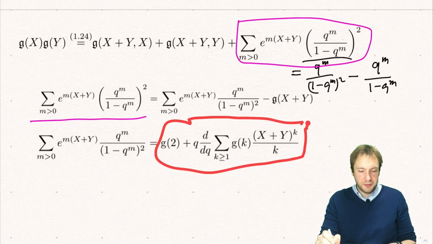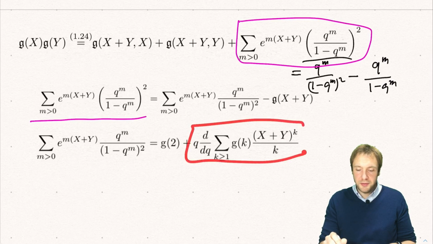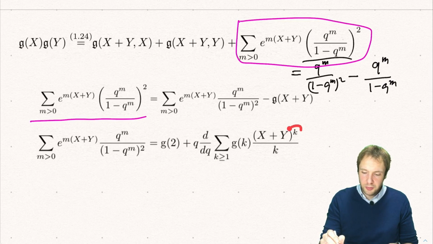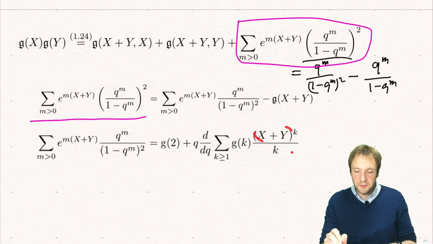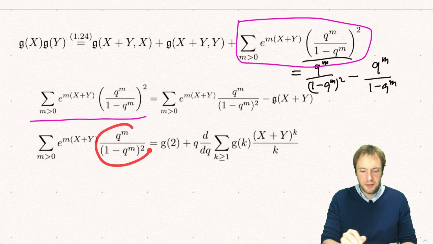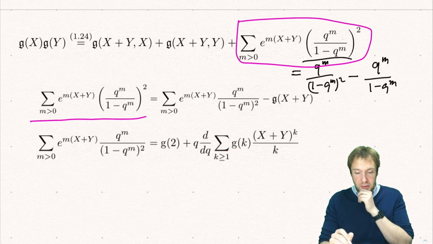And to do this, you should just consider, for example, if you take the derivative here, you will erase this k here. For example, if you take the derivative with respect to y, you get some m coming down here, and you will see that if you multiply something like this with some m, this will basically correspond to some derivative of this g.